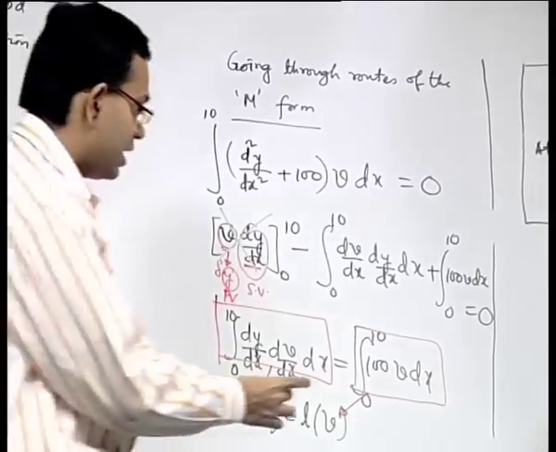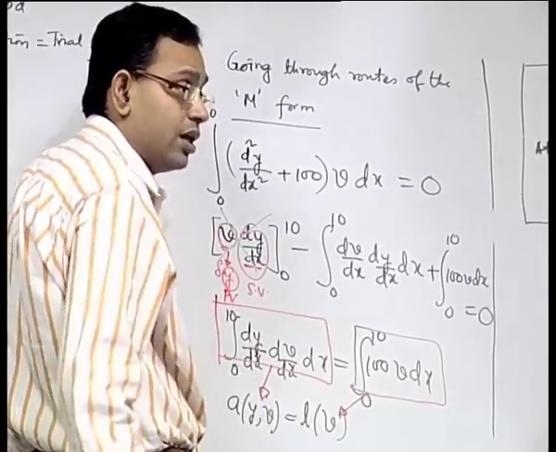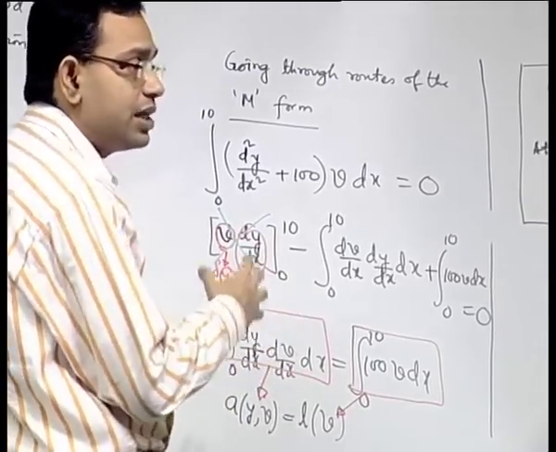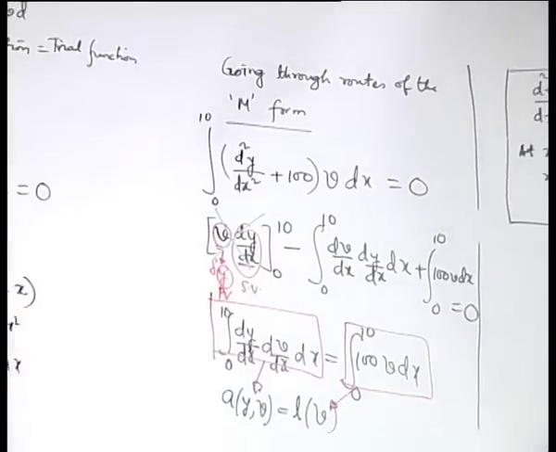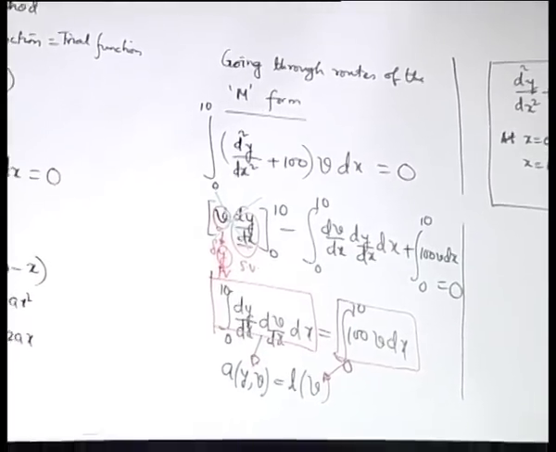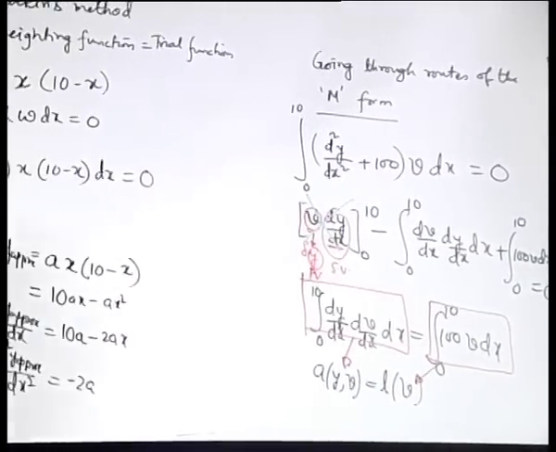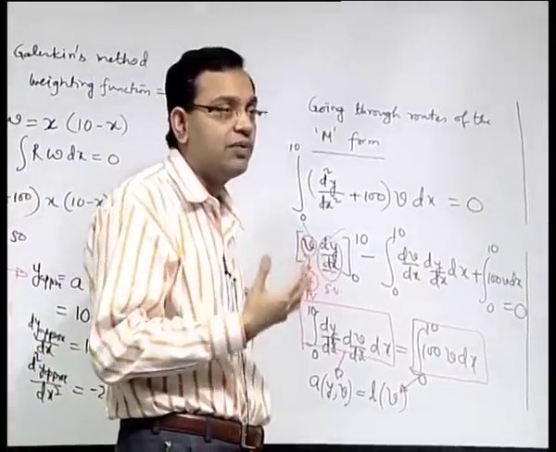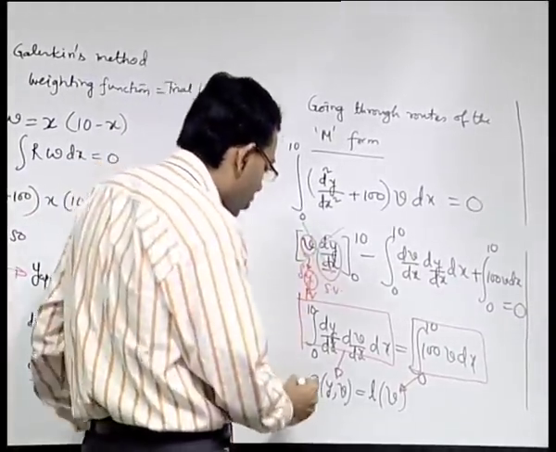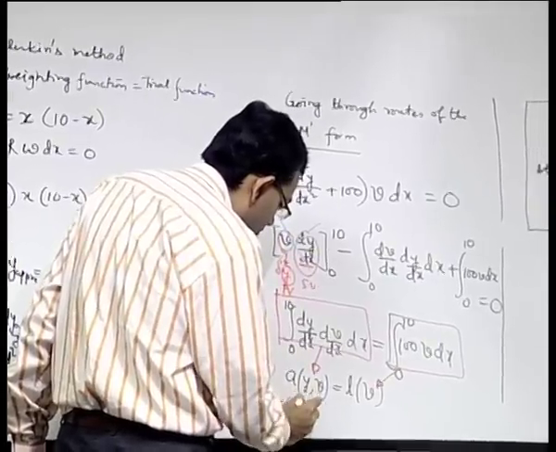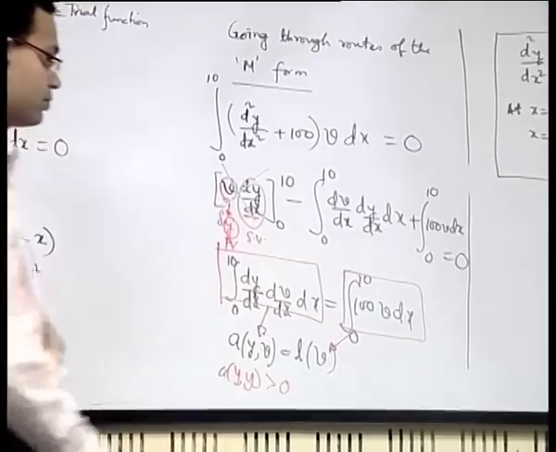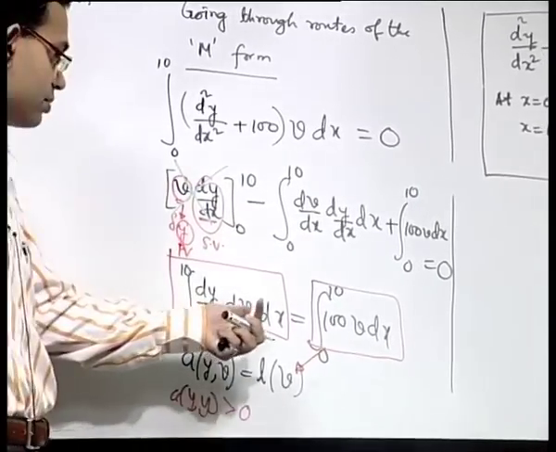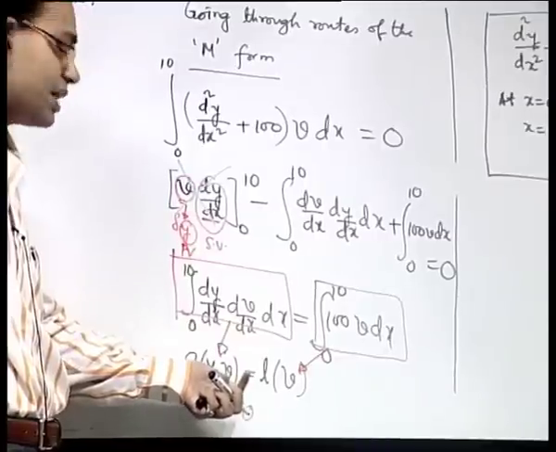So, that is a linear operator, but is it sufficient to derive the M form on the basis of symmetry, bilinearity and linearity, or do you require something else? You require additionally that it must be a positive definite operator. That means A(y, y) must be greater than 0, and that is indeed the case, because A(y, y) means you replace v with y.